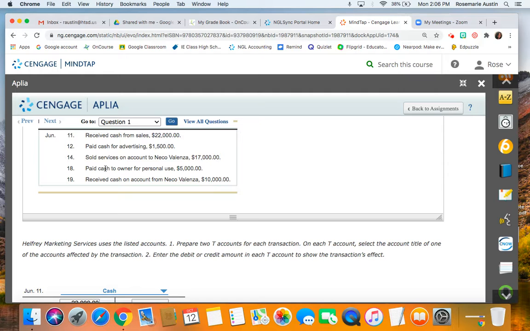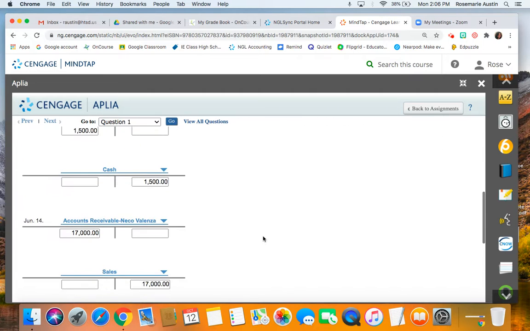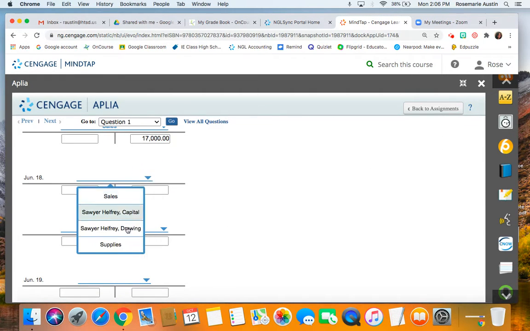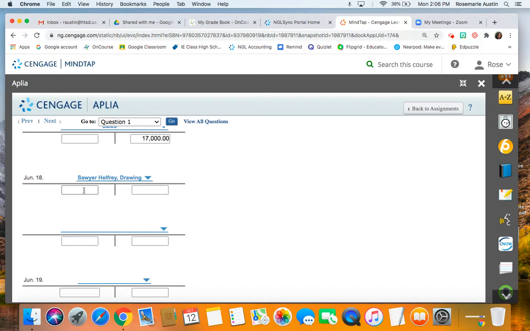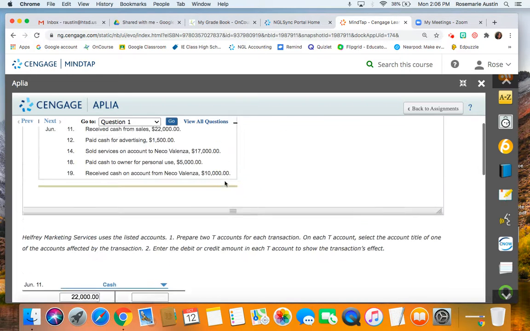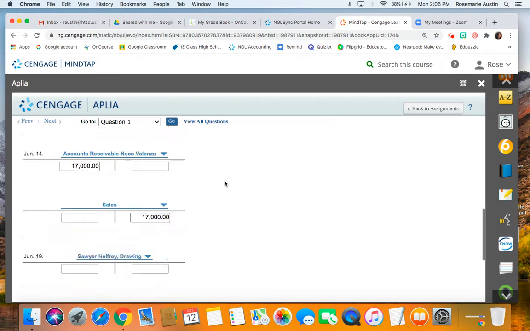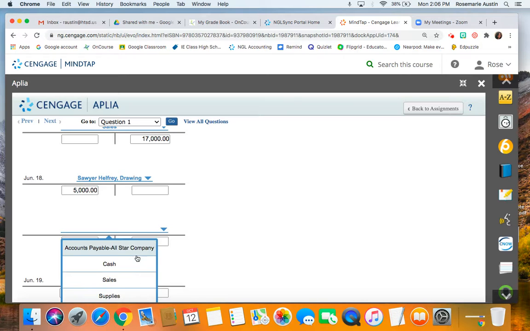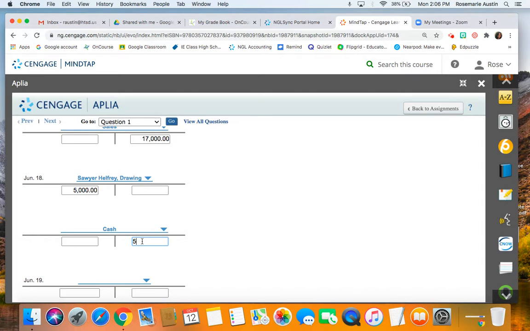Cash goes down with a credit entry. That means the owner's drawing account is going to be debited by $5,000. So let's come down here to June 18th. We're going to look for the owner's drawing account. And that fast, I forgot. What was it? $5,000. Okay. So $5,000 debited to the owner's drawing account, and cash is credited $5,000.